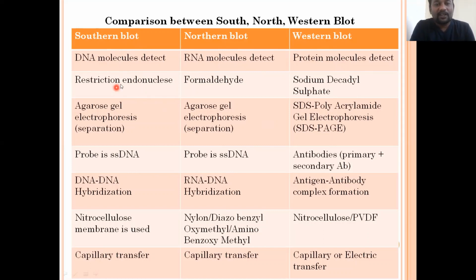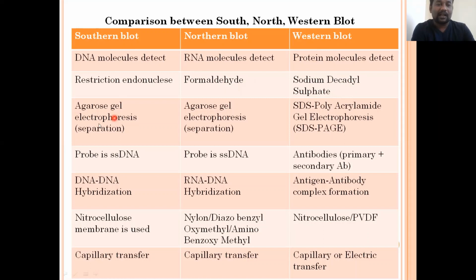In Southern blot, we are using restriction nuclease enzyme for cutting and digestion of lengthy DNA into small fragments. In Northern blot, we are using formaldehyde for making linear mRNA molecules. In Western blot, we are using sodium dodecyl sulfate for denaturation of the protein sample.